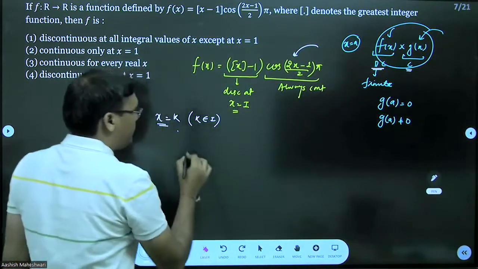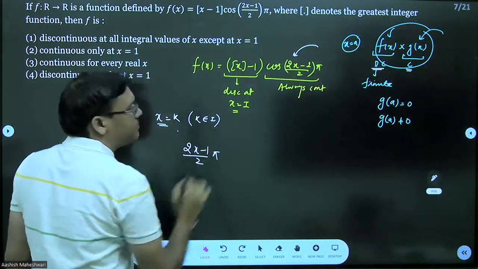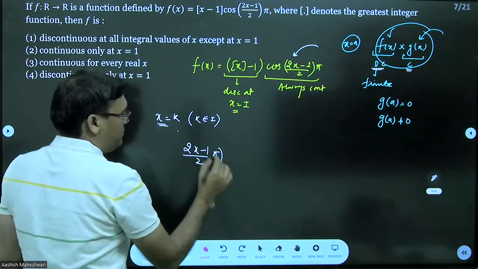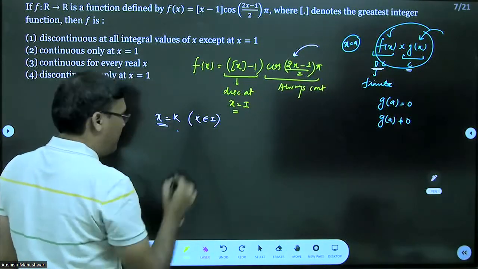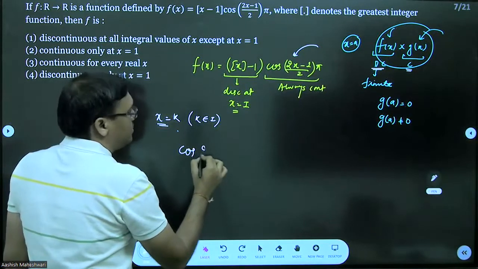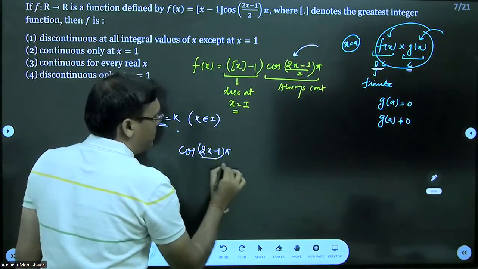तो नाउ सी वी हैव 2x minus 1 डिवाइड बाय 2 पाई, ठीक है. वी हैव cos 2x minus 1 pi by 2.